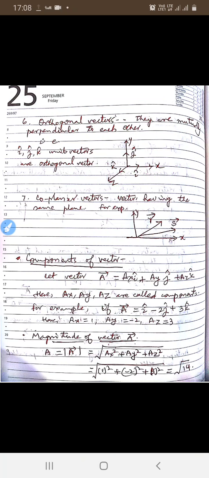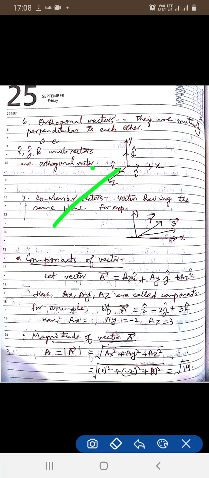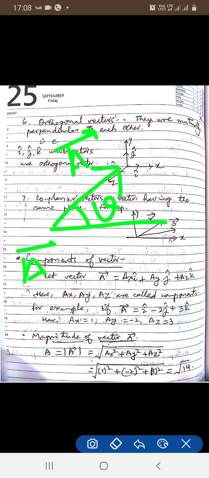In the same way, for vector A, suppose this is vector A making some angle theta. So, we can write vector A is equal to, you can also note down, ax i cap plus ay j cap.